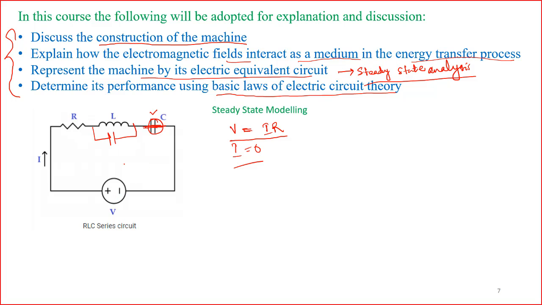Now I am removing this, and this is a series circuit, and I am replacing this source with an AC source. This now became VAC, so let us say this is Vm cos omega t.